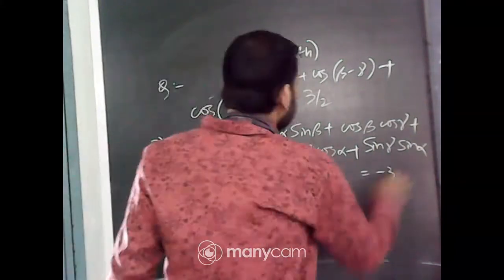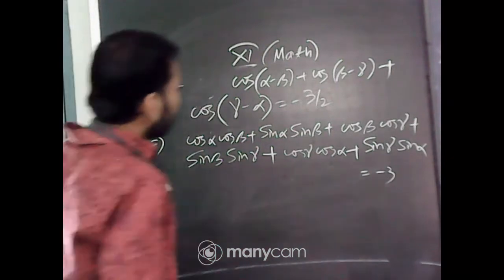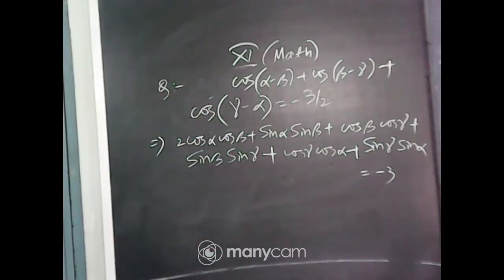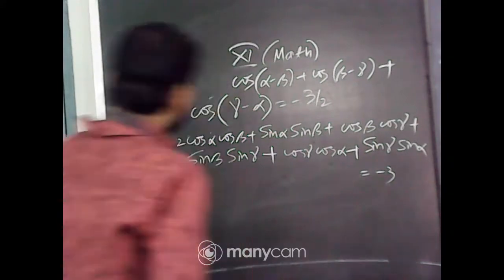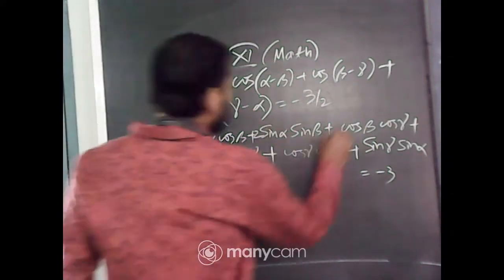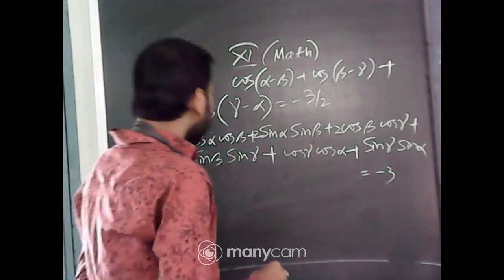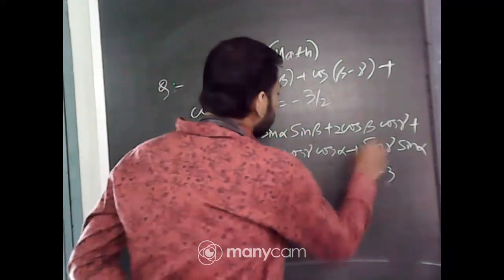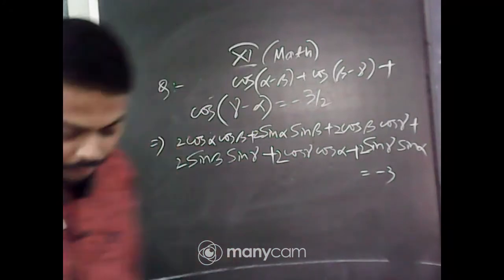I am multiplying the 2 in the LHS. The denominator of RHS is multiplied with the LHS numerator. So all will be twice cos alpha cos beta plus twice sin alpha sin beta plus twice cos beta cos gamma plus twice sin beta sin gamma plus twice cos gamma cos alpha plus twice sin gamma sin alpha equals minus 3. Is it all right?